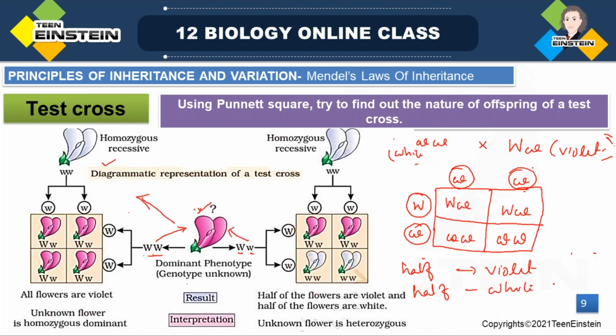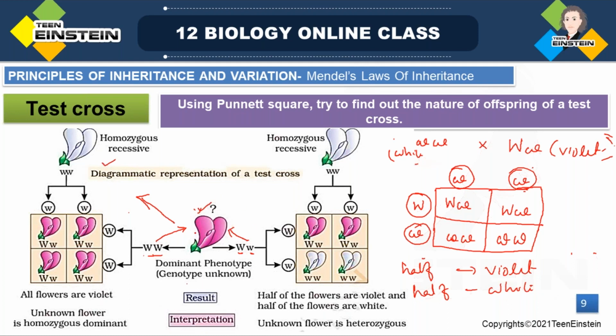Half of the flowers are violet and the next half is white. So what conclusion can we make from this? We need to see the offspring of the test cross. Then only we can predict the genotype of the tested organism.